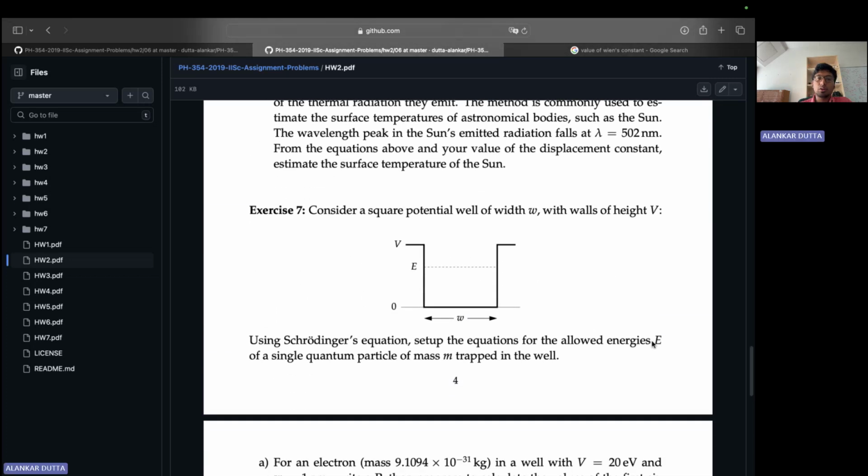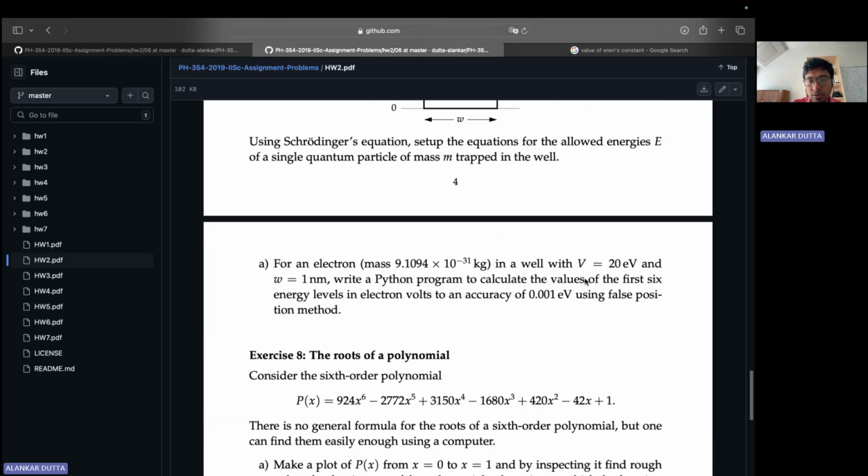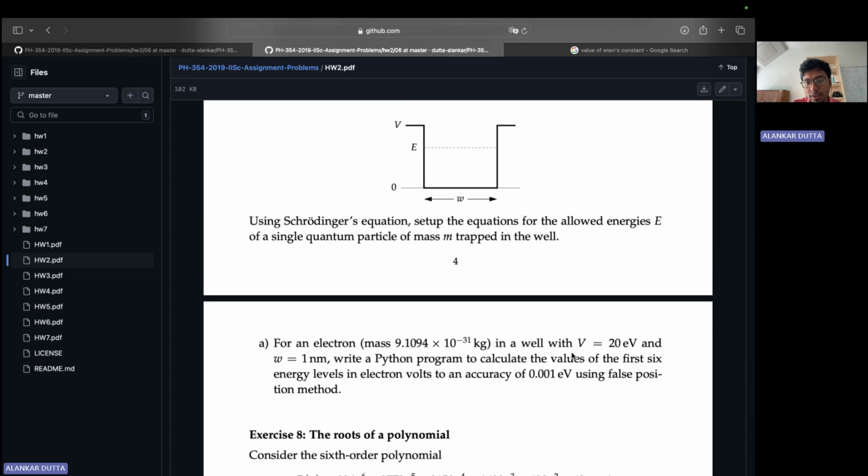So consider a square potential well of width W and height V. Using Schrodinger's equation, set up the equations for the allowed energy levels E of a single quantum particle of mass m trapped in the well, or an electron of this mass, and V of this, and W equals 1 nanometer. Write a Python program to calculate the values of the 6 energy levels in electron volts to an accuracy of this using the false position method.